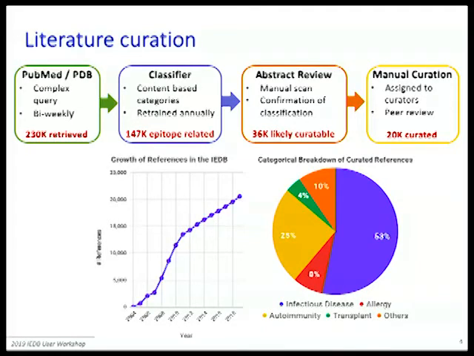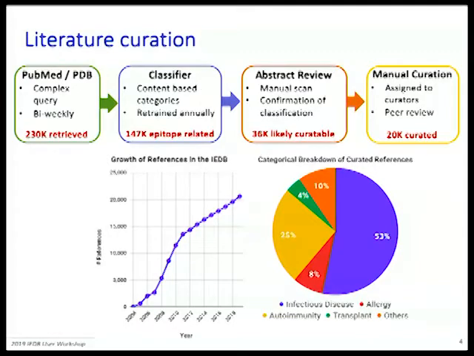So historically, as we've already sort of touched on, there's been explosive growth of the data in terms of the number of references or the number of manuscripts that we've curated over the years. We began in earnest in 2003, 2004, and I believe it was 2005 when the database actually became public.